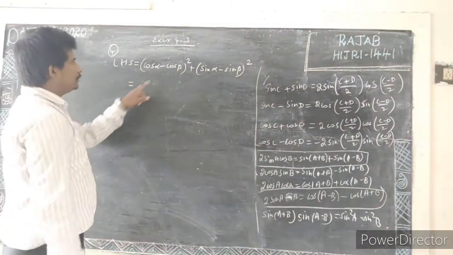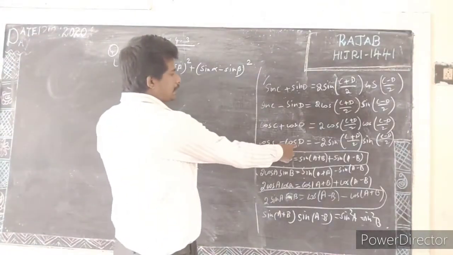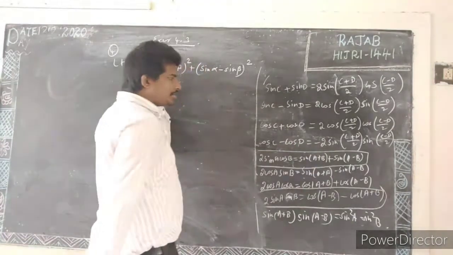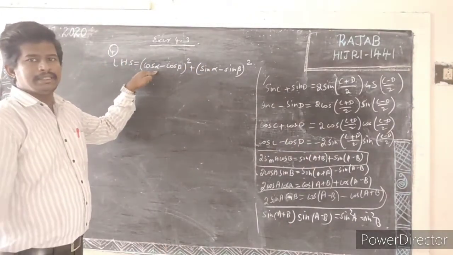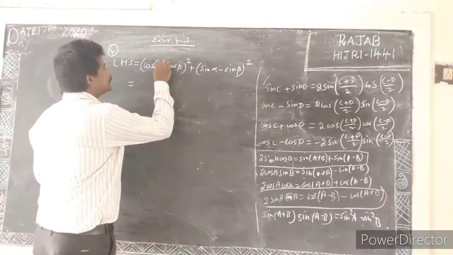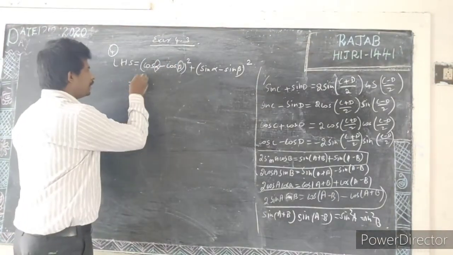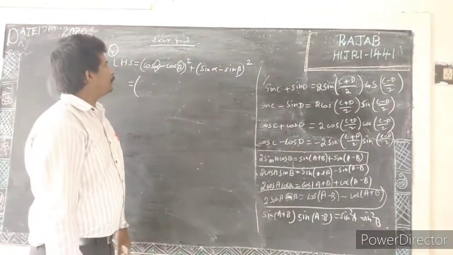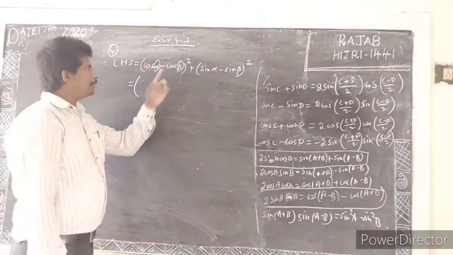Look at the first one, this is in the form of cos C minus cos D. Here our C is alpha, D is beta. So instead of C I am going to put alpha, instead of D I am going to put beta.